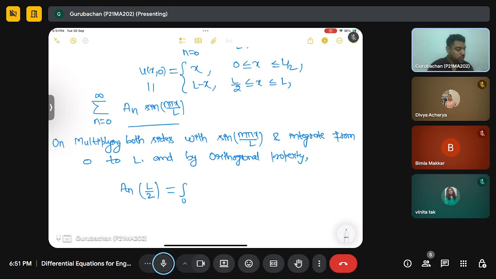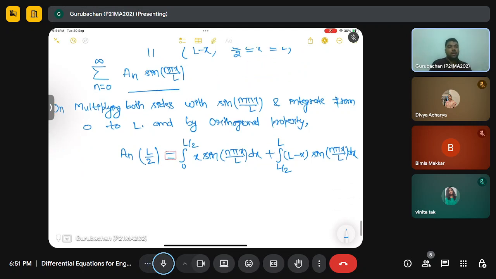That means this integration will be the integral from 0 to L by 2 of x sin(n pi x by L) dx plus the integral from L by 2 to L of (L minus x) sin(n pi x by L) dx.